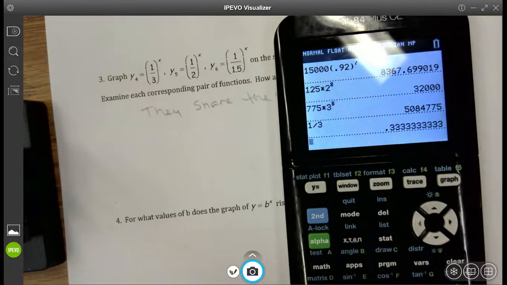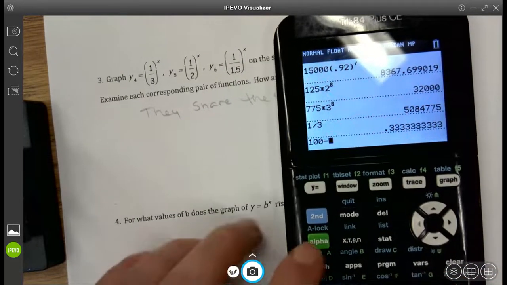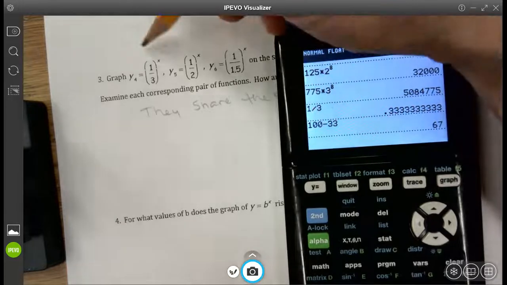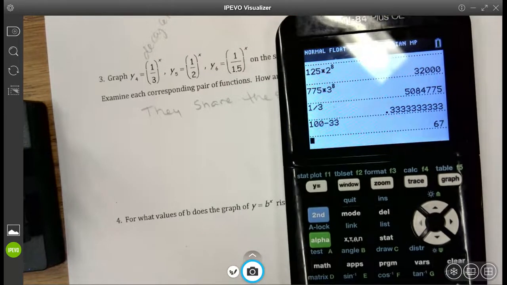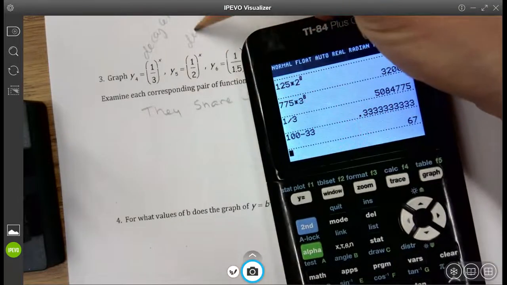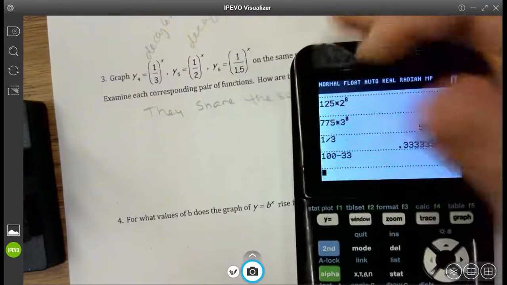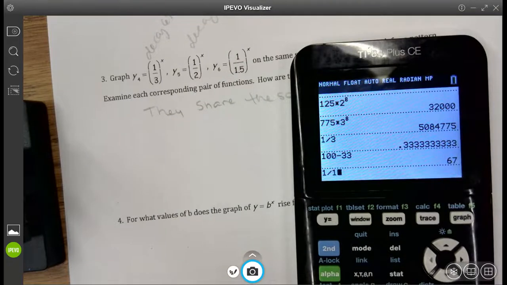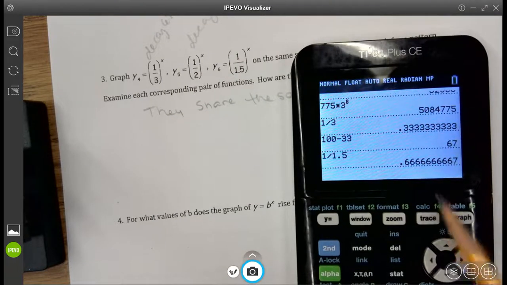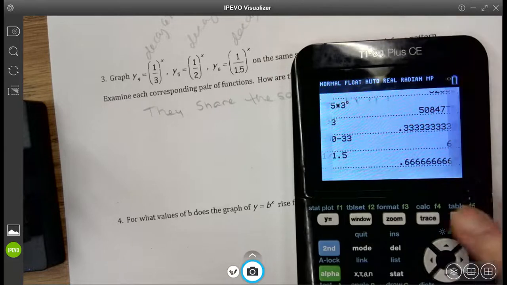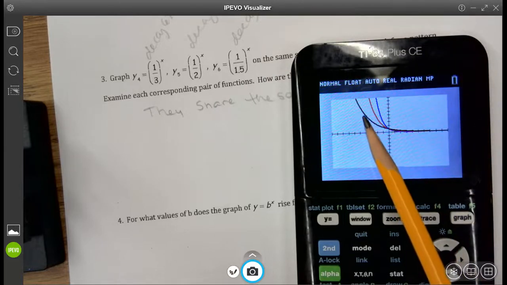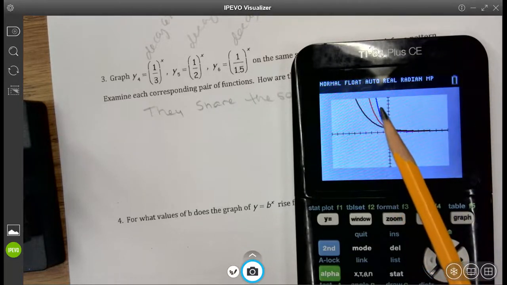If you're 33%, that's actually a decay of 67. When you're 1/2, that means you're decaying at 50%. And when you're 1 divided by 1.5, you're at 67%, so you're decaying at 33. So this is a slower decay versus the higher decay of 1/3.